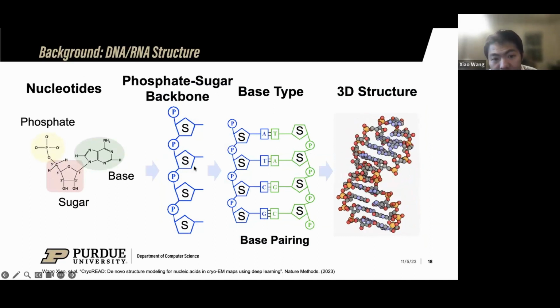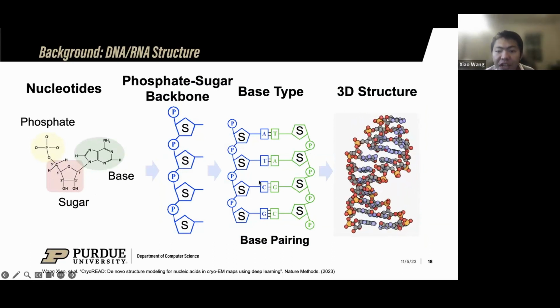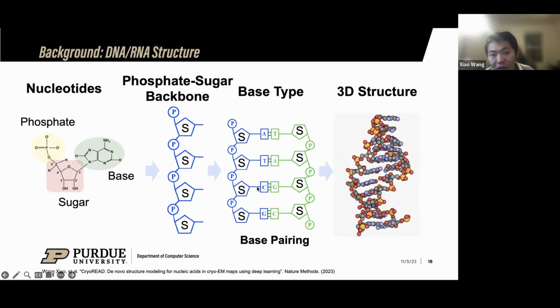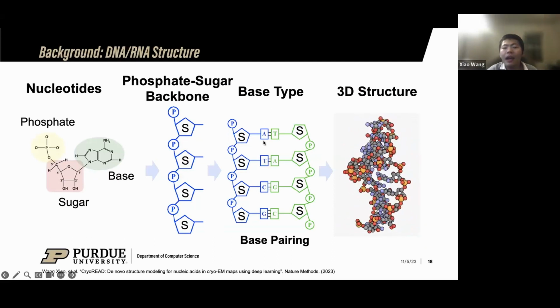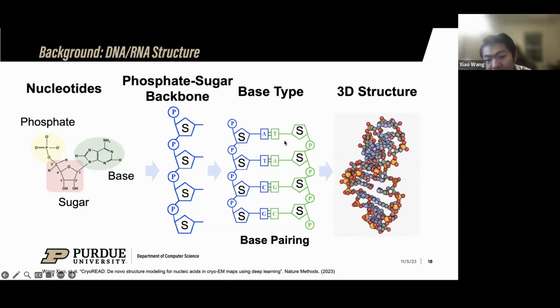After they connect, different nucleotides carry different base types, resulting in different nucleotides in the sugar-phosphate backbone. And different base types can form base pairs, such as A and T, C and G.